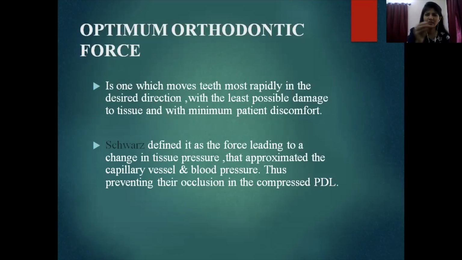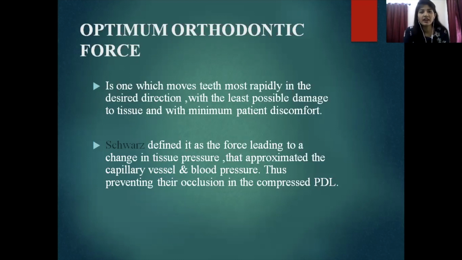So this is basically the minimal amount of force required to move the tooth from point A to point B without damaging its PDL or the whole assembly of the tooth, without damaging the pulp inside the tooth, without devitalizing the tooth, with the vital tooth moving from side A to side B. This minimal force is defined as the optimal orthodontic force.